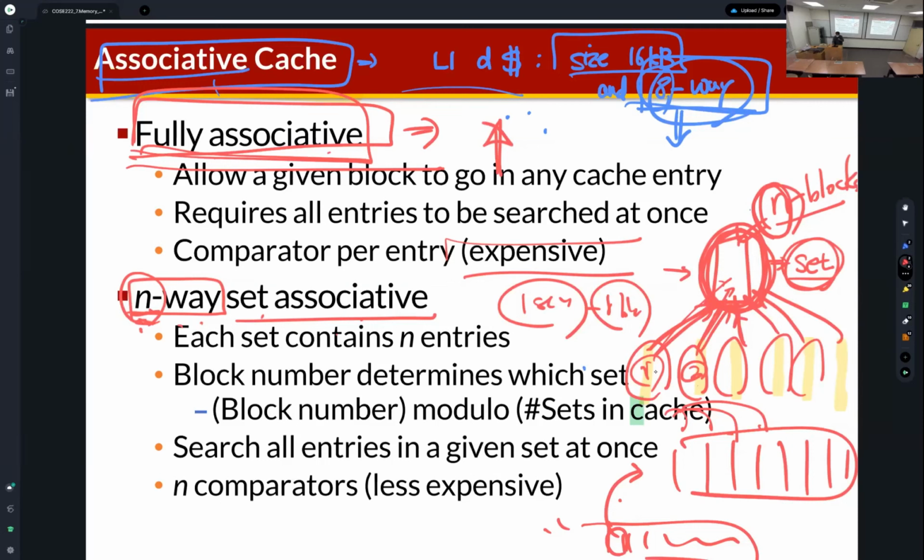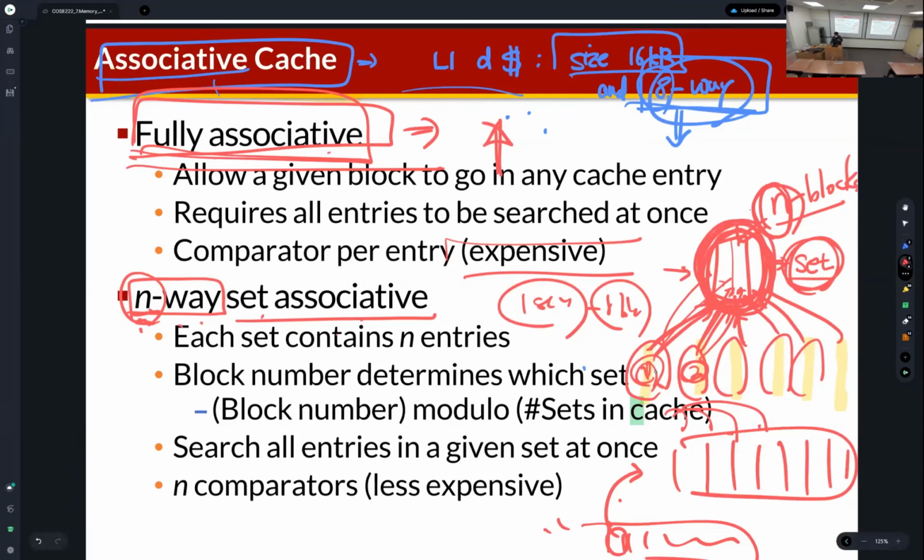But if one set can store 2 cache blocks, in a two-way set associative cache, then block 1 can be allocated in the cache first, and then block 2 is also allocated in the cache. So memory block number 1 is not evicted from the cache. Why?